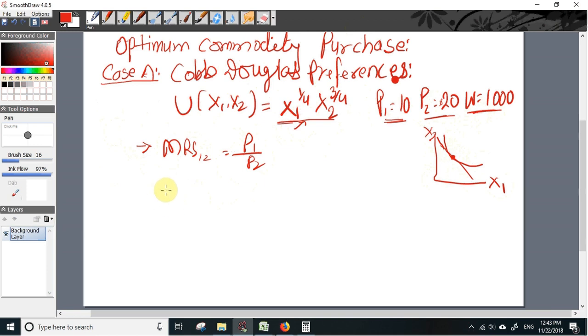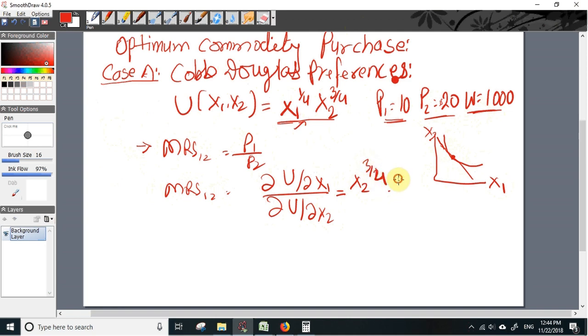The marginal rate of substitution here is the marginal utility of the first commodity divided by the marginal utility of the second commodity. So we differentiate this with respect to x1. This becomes x2 to the power 3/4 the same, and then 1/4 x1 to the power minus 3/4.